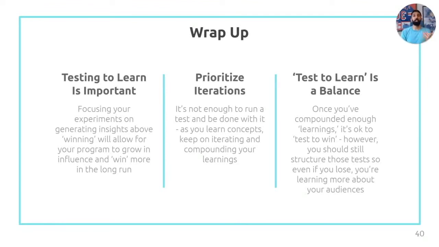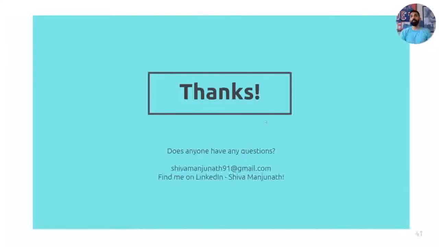However, as best as you can, structure these tests so that even if you lose, you're still learning something about your audience, the concept, or something like that. But it's okay to sacrifice a little bit of the learning if you've compounded enough learnings to date to really swing for the fences and try something big and bold.